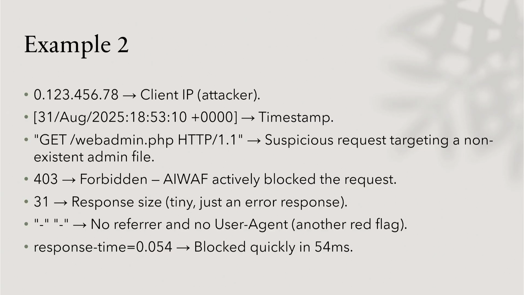There's also no referrer and no user agent, which is a red flag, which means someone curled right onto the IP address to find out whether there was a broken file or a PHP vulnerability. I assume they were assuming a PHP app, and you will notice that this was blocked very quickly, in 54 milliseconds. That's what this middleware does. If your user agent and referrer are missing, it blocks it outright.